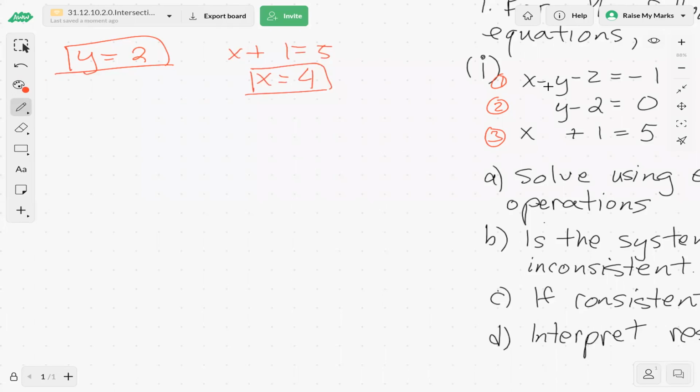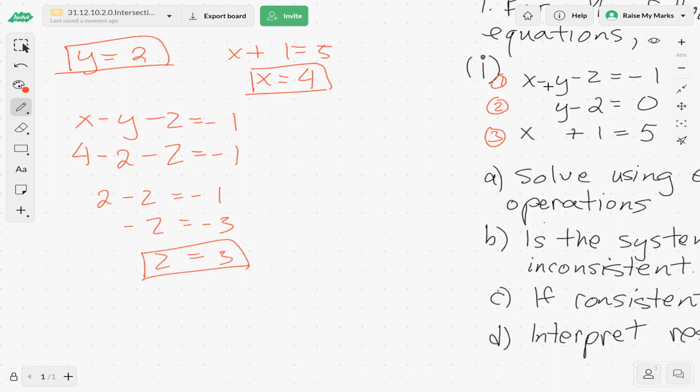This is looking easy. For equation 1, we have x minus y minus z equals -1. Let's plug in y and x into equation 1, and we have 4 minus 2 minus z equals -1. So we have 2 minus z equals -1, or negative z equals -3, or z equals 3.